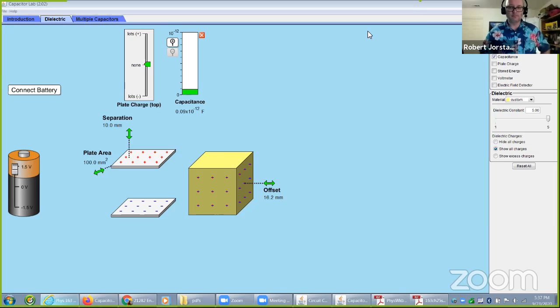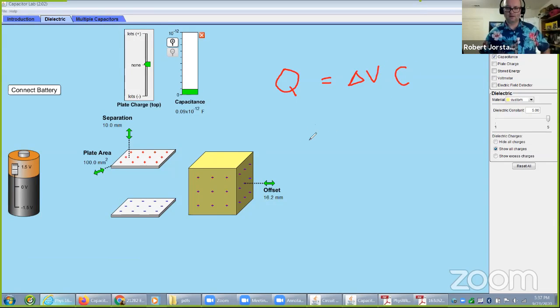All right. I'm going to write my equation just so I have it to play with. If the battery is disconnected, we know the capacitance is going to go up.